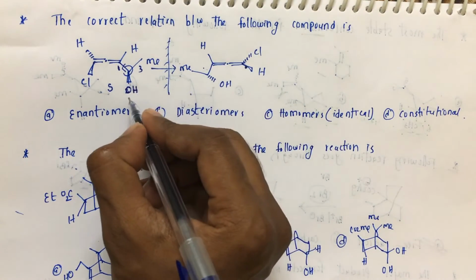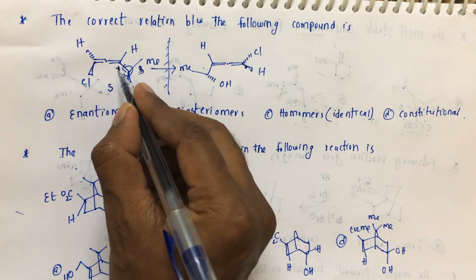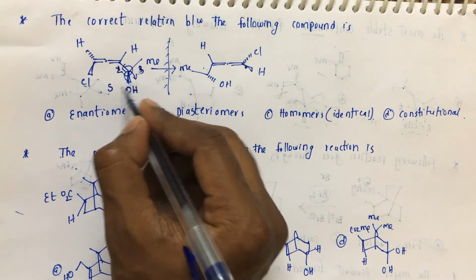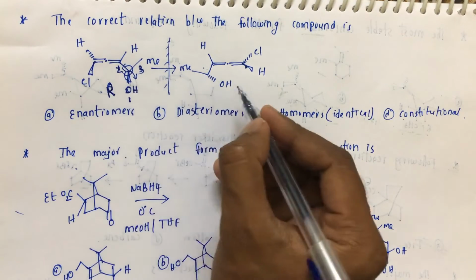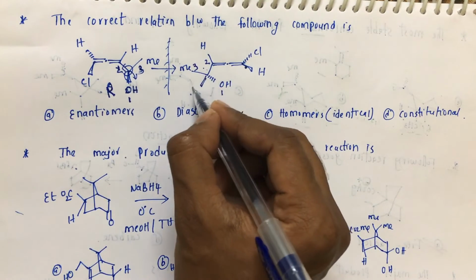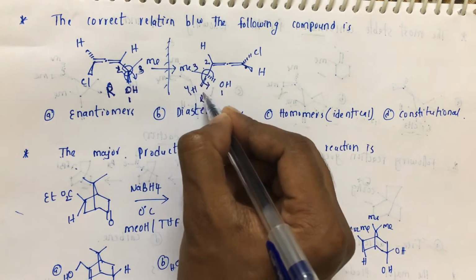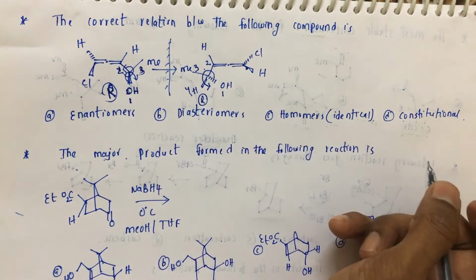So this is 1 2 3, this is R, and similarly 1 2 3 4, and this is also R. So in both cases we have the RR configuration.